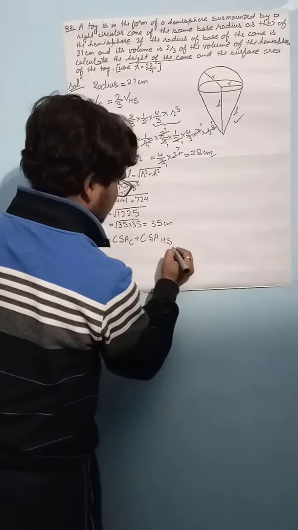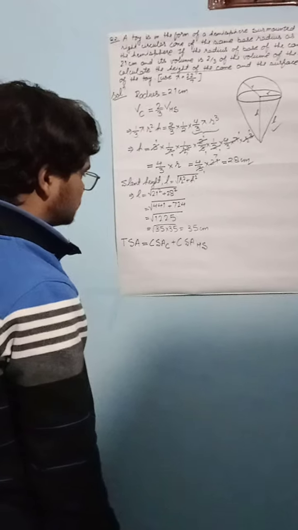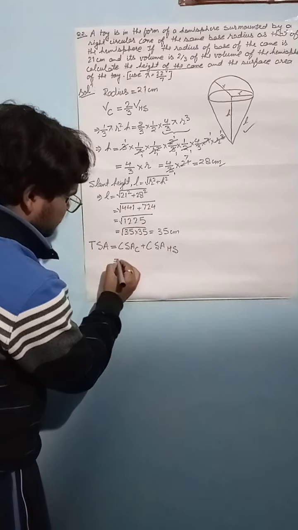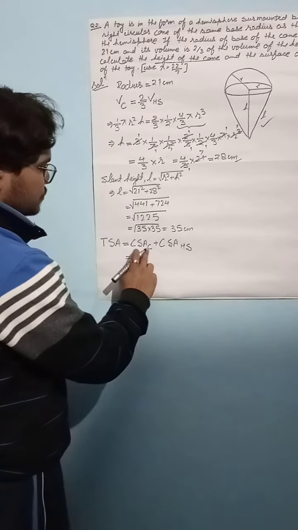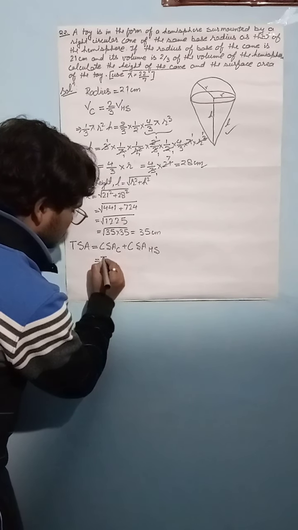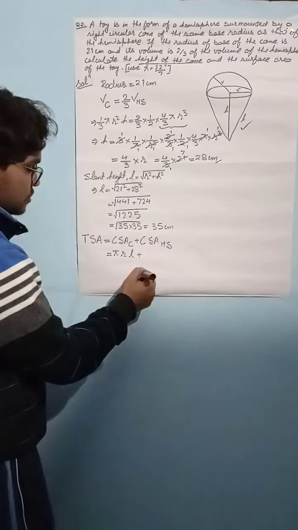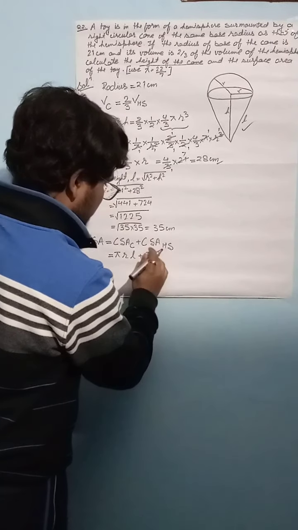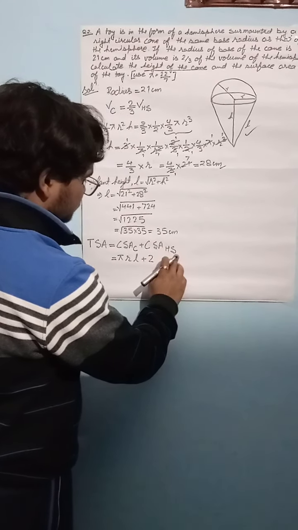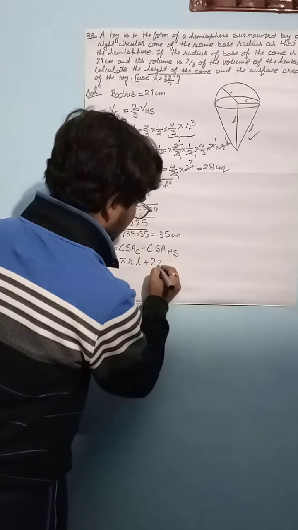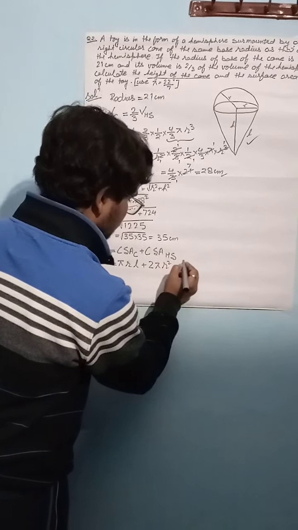Curved surface area of a cone is pi r l, and curved surface area of hemisphere is 2 pi r square.